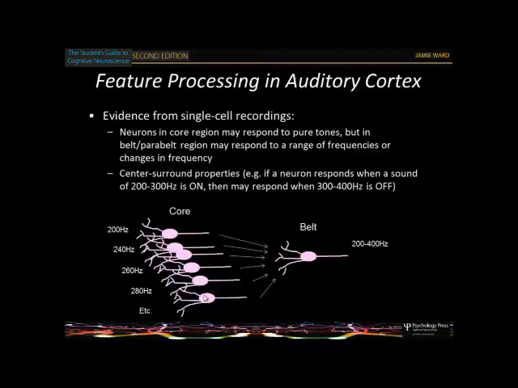And then in the belt, you've got a region that receives inputs from these. So when you stick your electrode in there, it responds to a wide range of sounds, because it receives inputs from these basic units. So this is how you can create a neuron that responds to this range of frequencies, because it receives inputs from each of the underlying ones.